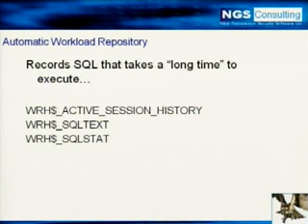Now, the automatic workload repository is a way for the system to keep track of how well it's doing in terms of performance, basically. So every second, the system will take a snapshot of executing SQL, and all this is written to a data file somewhere. Now, SQL that takes a long time to execute is obviously going to get more noticed and end up in these tables more than others.